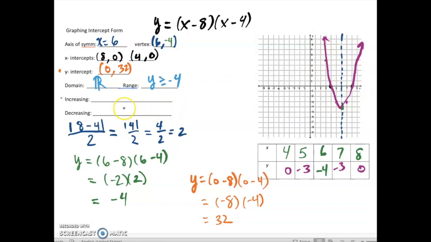So from negative infinity to 6, I'm decreasing, and from then on, I'm increasing, from 6 to infinity. That's what that says. And that's it.